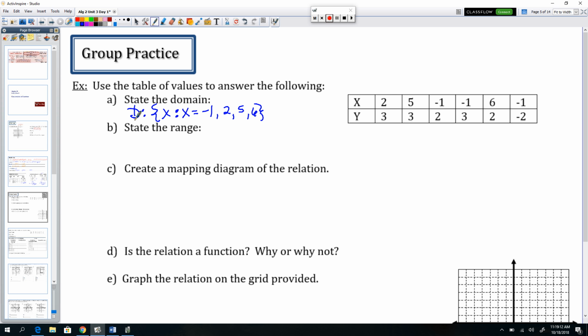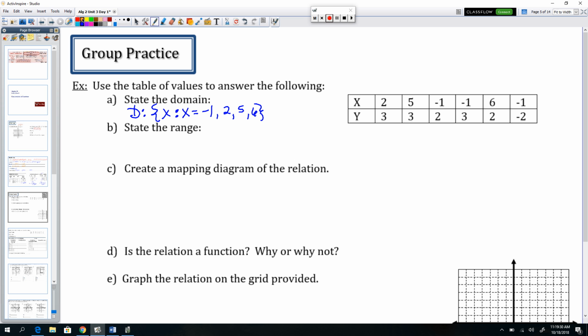The domain of this relation are all the x values. I have a -1, a 2, a 5, and a 6 to encompass all these x values. So this relation only exists at these little x value points, nowhere else.